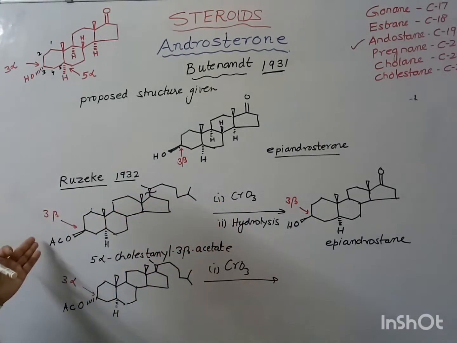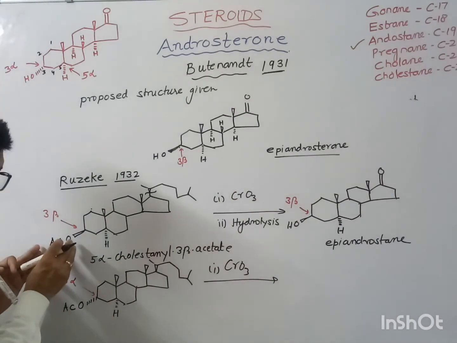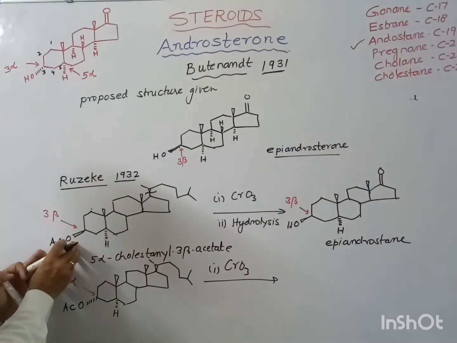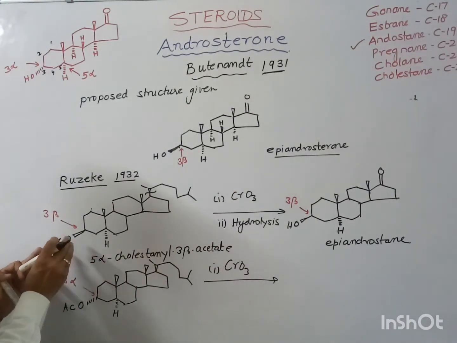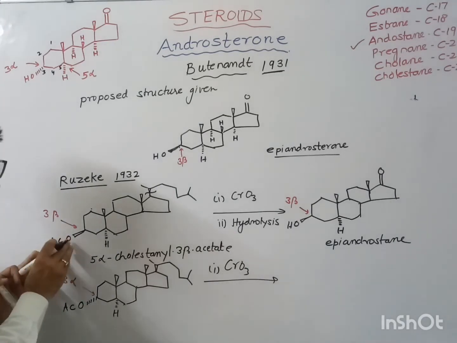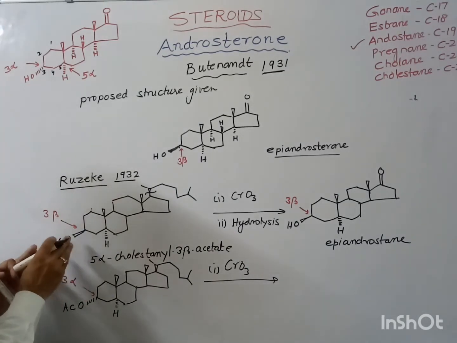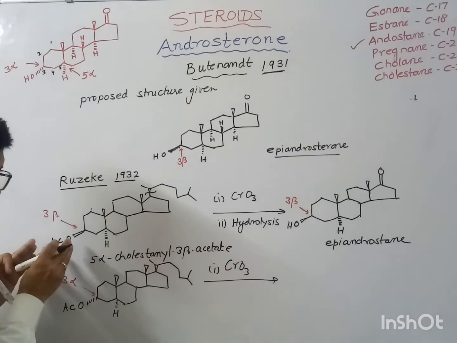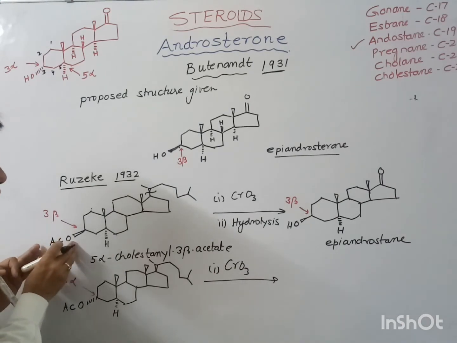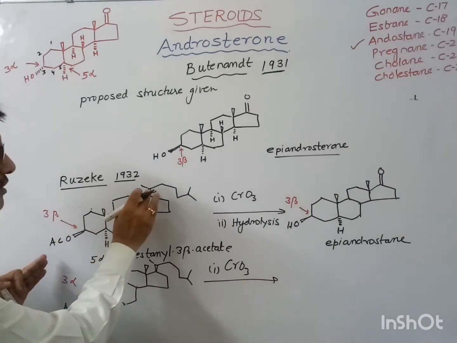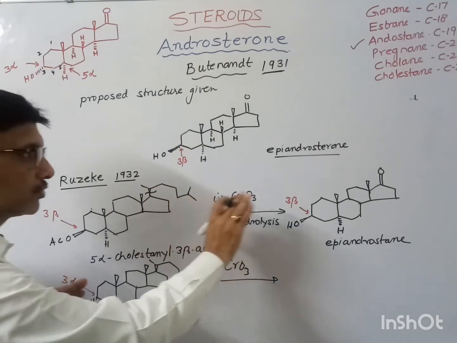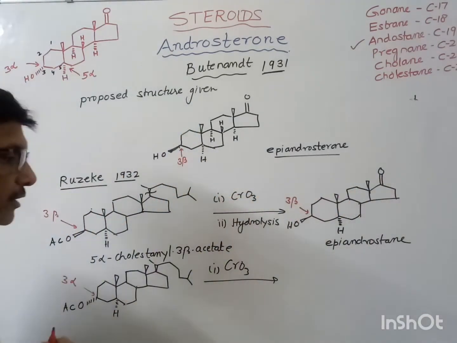Otherwise, if we don't protect this OH group, it will get oxidized to keto. That's why it was first protected. After the protection, the side chain was oxidized to get the keto group over here.